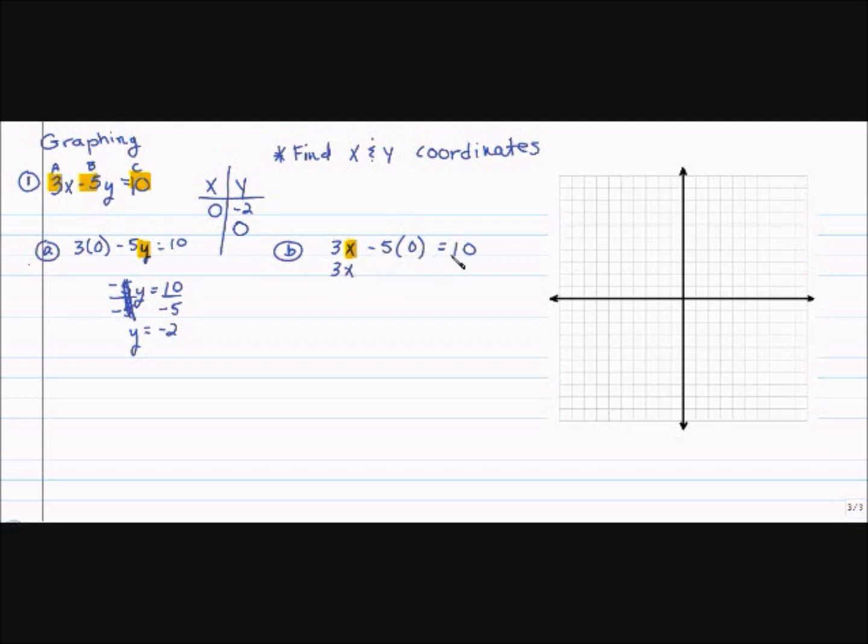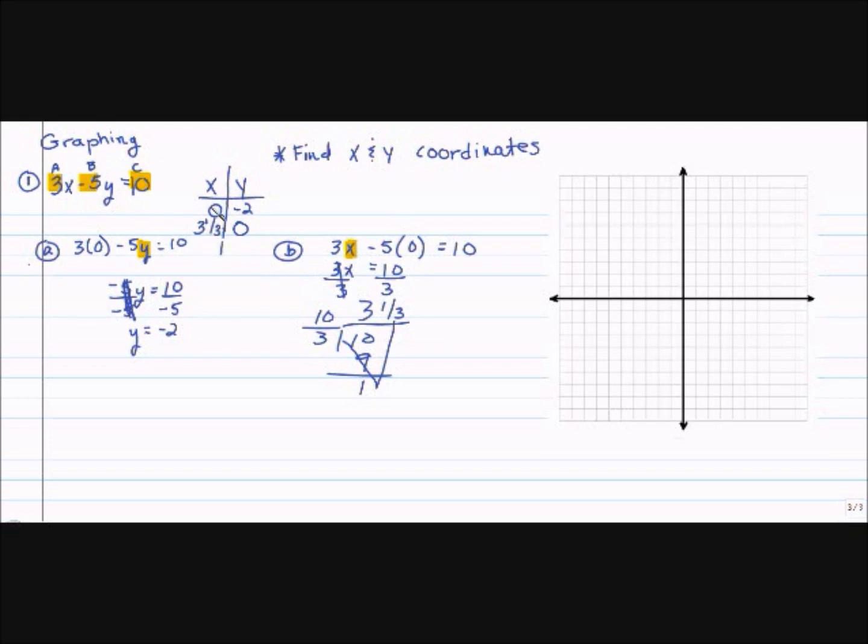I'm not going to write it. I'm left with equals 10. Divide by 3. And therefore x equals 10 thirds. 3 goes into 10 3 times, 9, 1 left over, so I have 3 and 1/3 right there. Okay, so those are my coordinates.